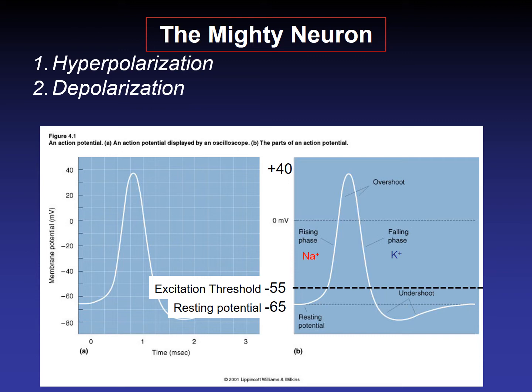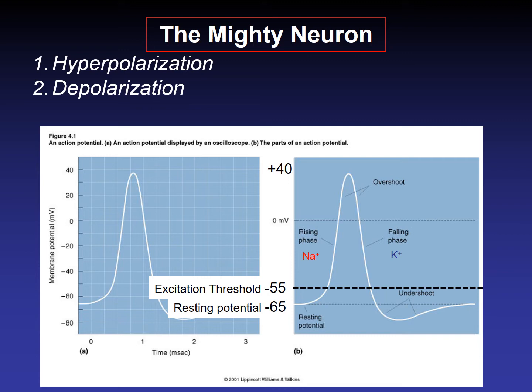And if we were to depolarize the neuron, in this case, depolarizing means to move closer to 0 millivolts. If we depolarize the neuron from negative 65 millivolts to negative 55 millivolts, we will have hit excitation threshold. Excitation threshold is a value, negative 55 millivolts, at which sodium channels in the cell membrane will open up.